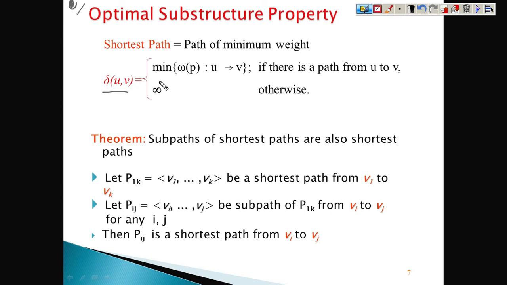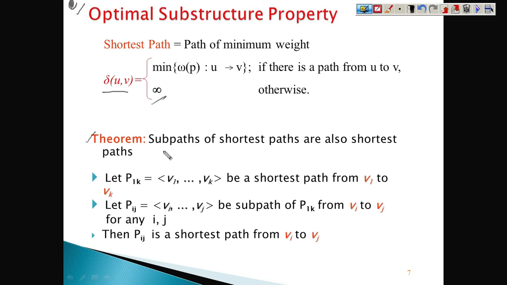It represents the minimum weight of path p, that is the path U to V. So among all the possible paths for moving from U to V, we take the minimum, and that represents delta UV. If a path exists from U to V, then delta UV represents the minimum among all the possible paths. Otherwise, it is infinite. We have already seen this in the definition.